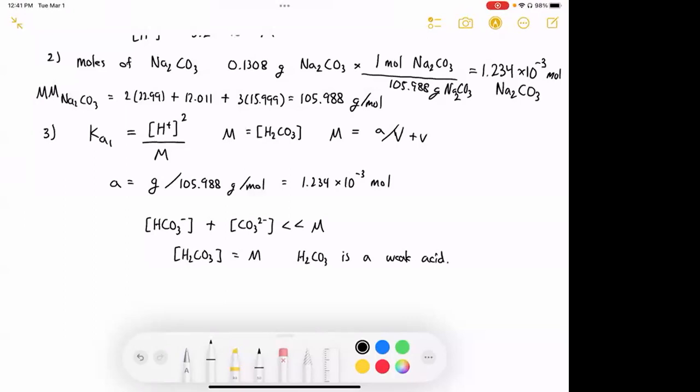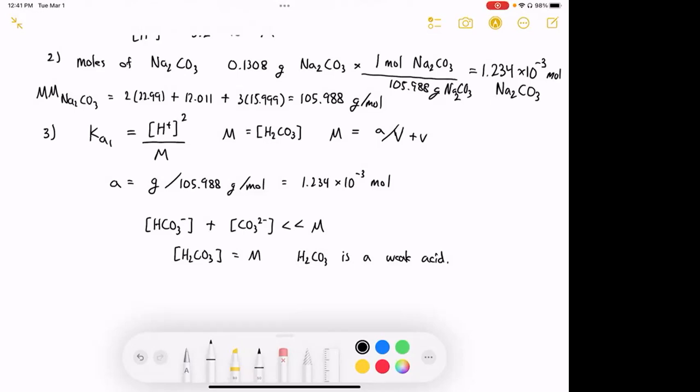And so not much of it dissociates to either bicarbonate or carbonate after we reach both equivalence points, because the first step is a weak acid. So the second step is an even weaker acid. So we can assume that they contribute nothing to the molarity M. So essentially M is, we're just going to assume it's all carbonic acid.